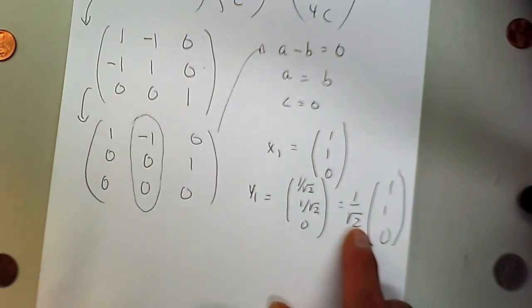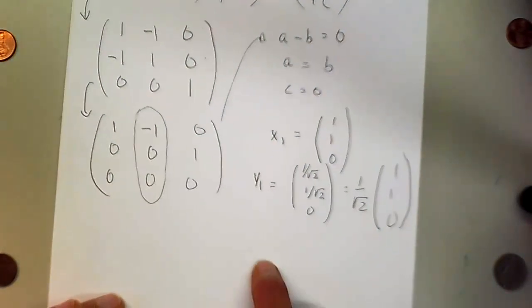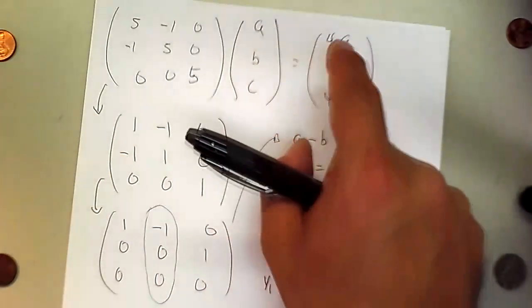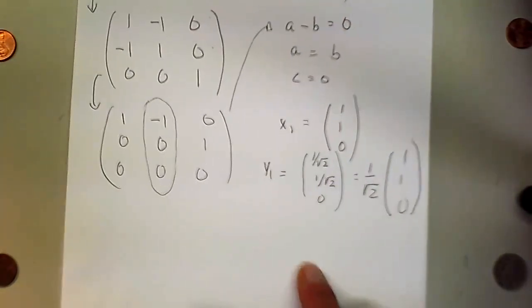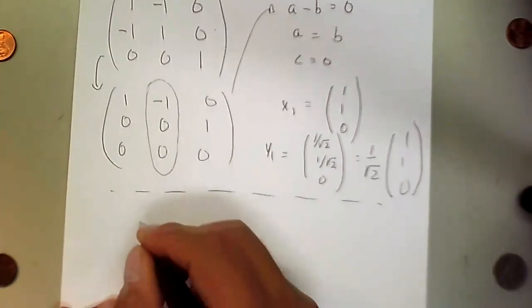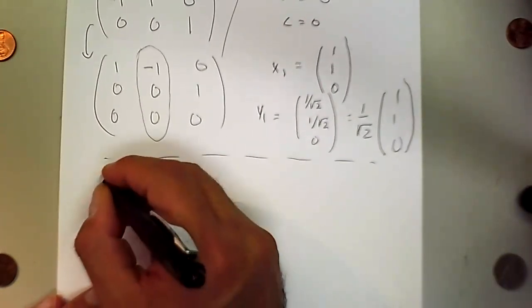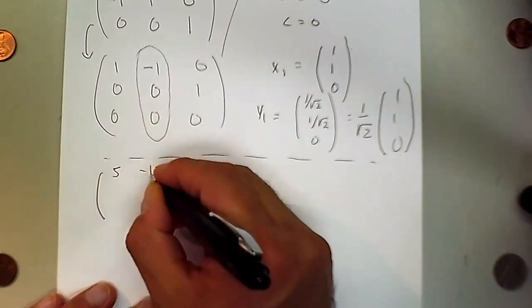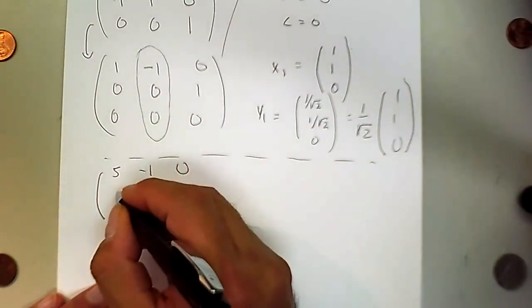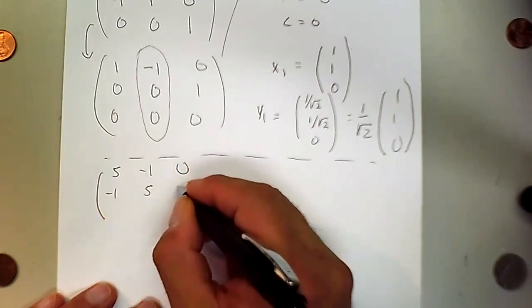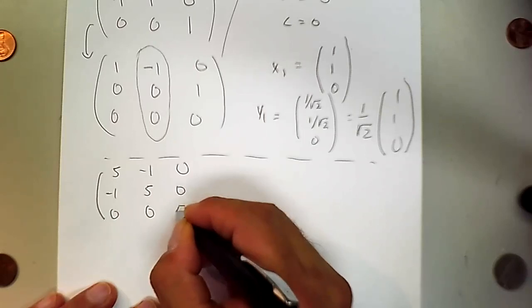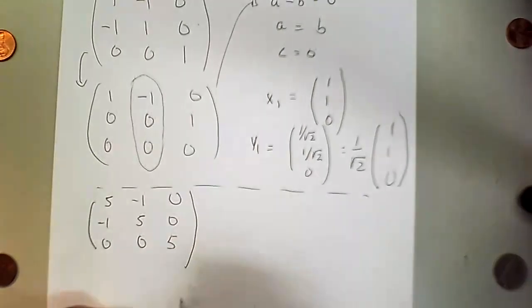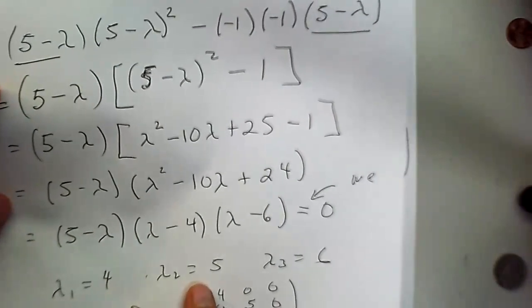That's essentially what this is helping us do. All right, so 1 down, 2 eigenvectors to go. So let's go with 5, -1, 0, -1, 5, 0, 0, 0, 5, and the other eigenvalue. So 4 is done, now we're going to work with 5.